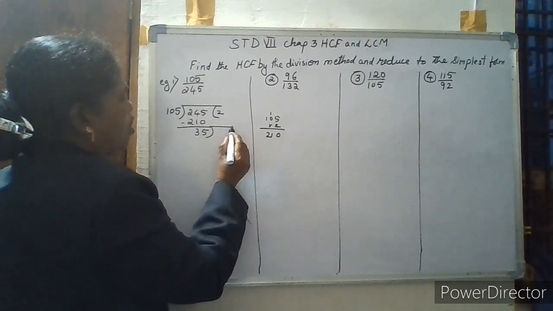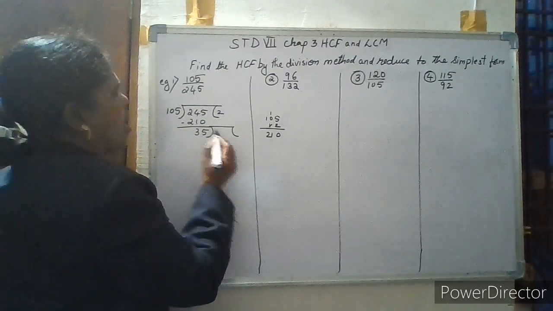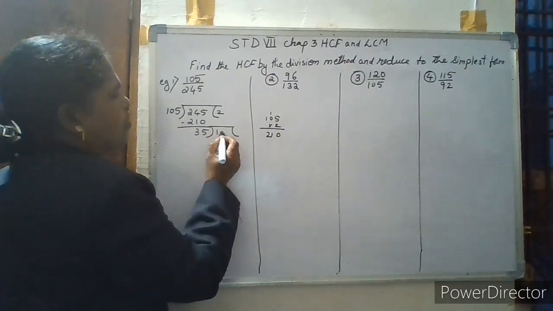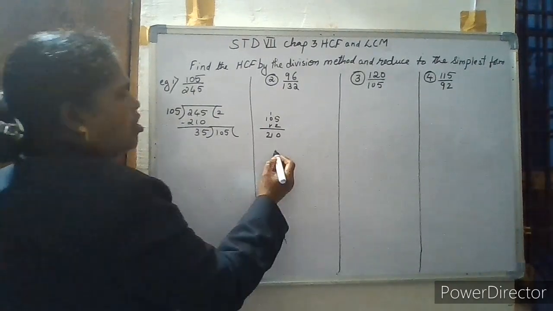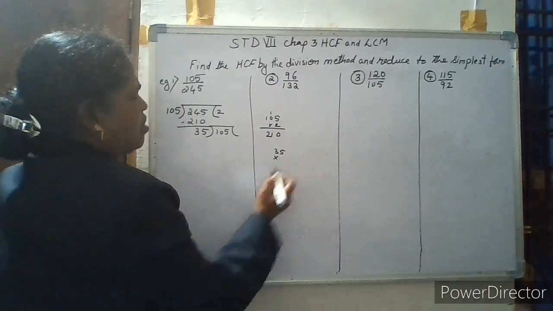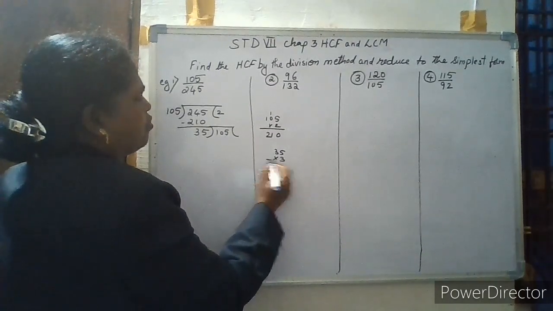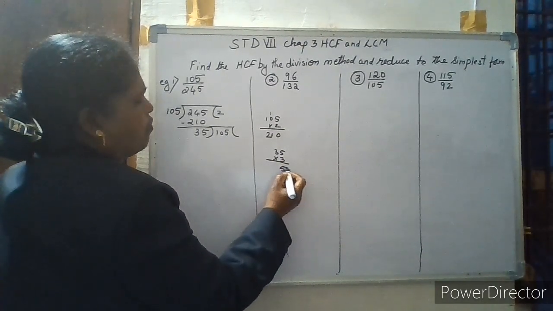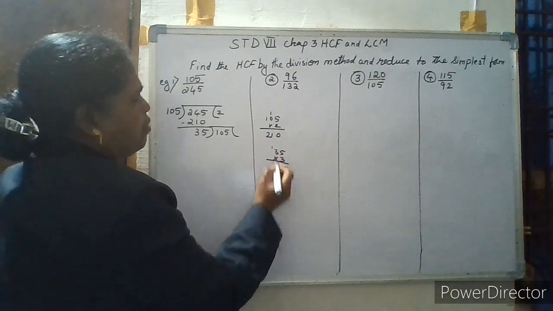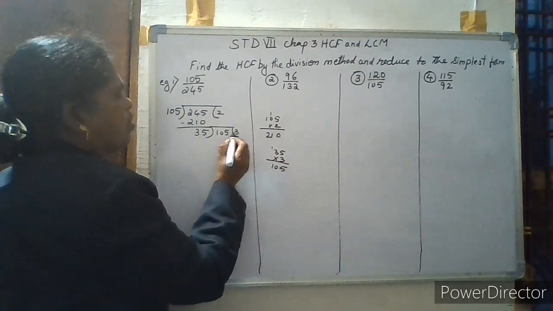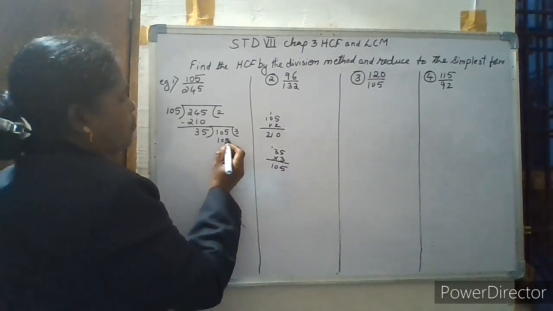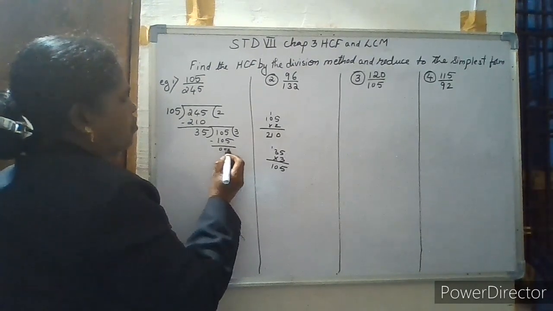So this 105, the previous divisor, take it in. Now 35, how many is that? Let us see. Suppose 3s are. 3 fives are 15, carry 1, 3 threes are 9 plus 1, 10. So 3s are 105, minus, 0 0 0.